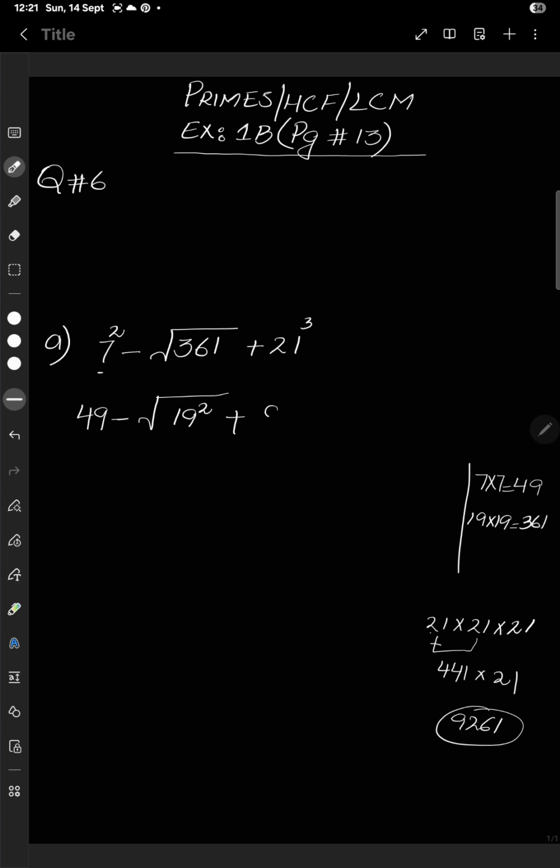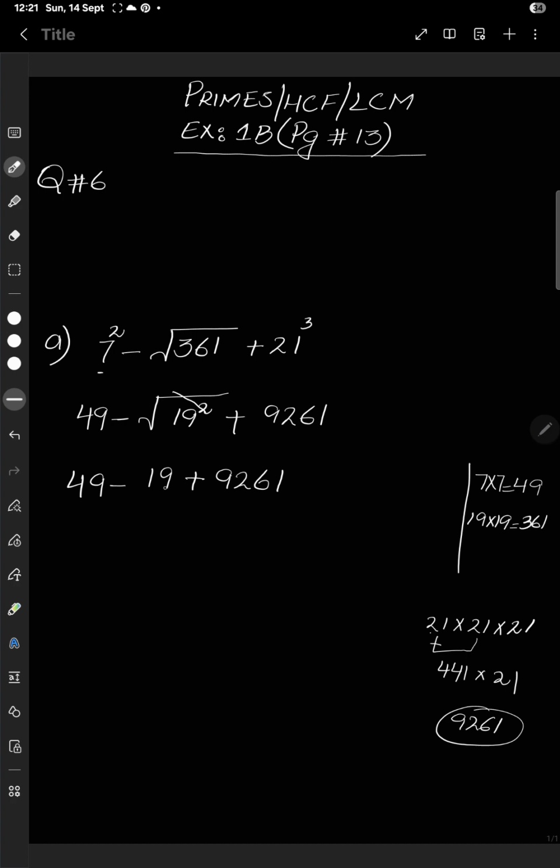So I'm using this number. 21 cube will be equal to 9261. One step done. Now 49 minus, as the square root will see the square, it will eat the square and only 19 will be there, plus 9261.